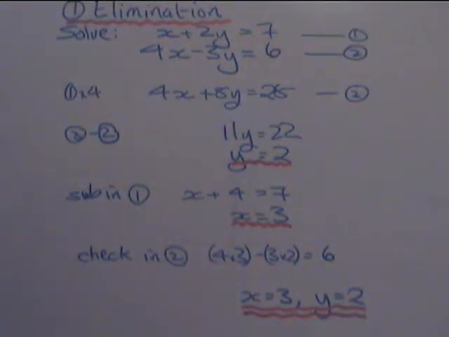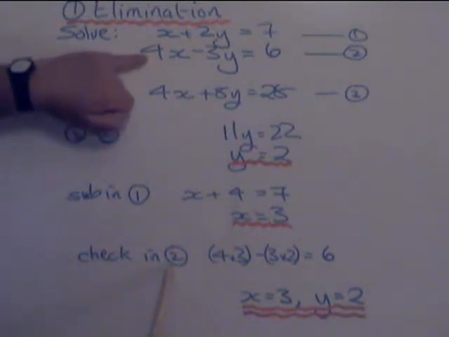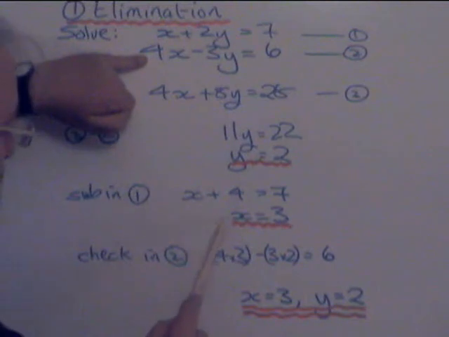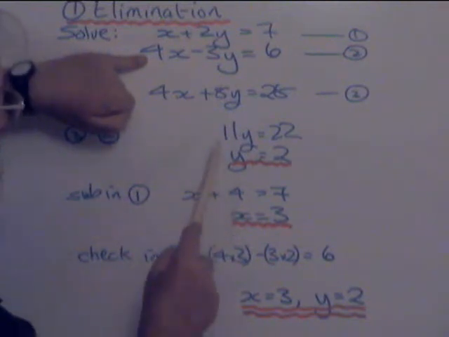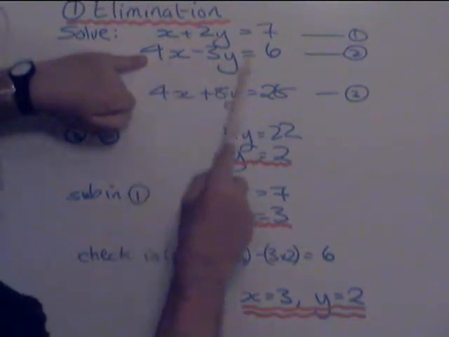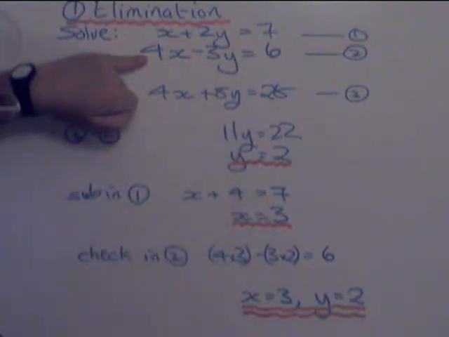But because I'm smart, I want to check. Now I got this solution, x equals 3, from equation 1. So when I do my check, I'm going to check in equation 2. So here's equation 2. I'm going to put the values x equals 3 and y equals 2 into this equation and see what happens.